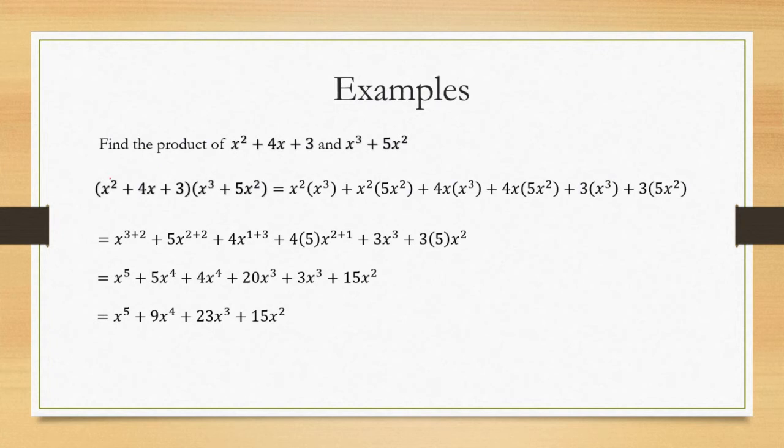So let's do that together. We have x squared. We're going to multiply that by x cubed. That's where this term came from. We have x squared times the second term here. x squared times 5x squared, that's over here.